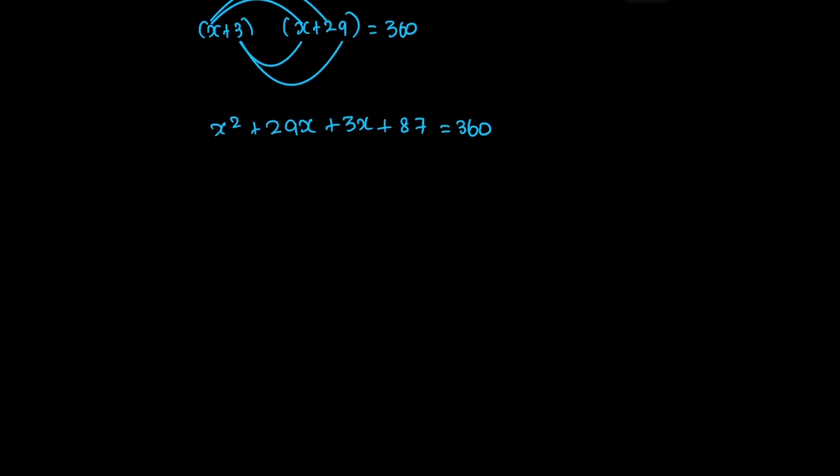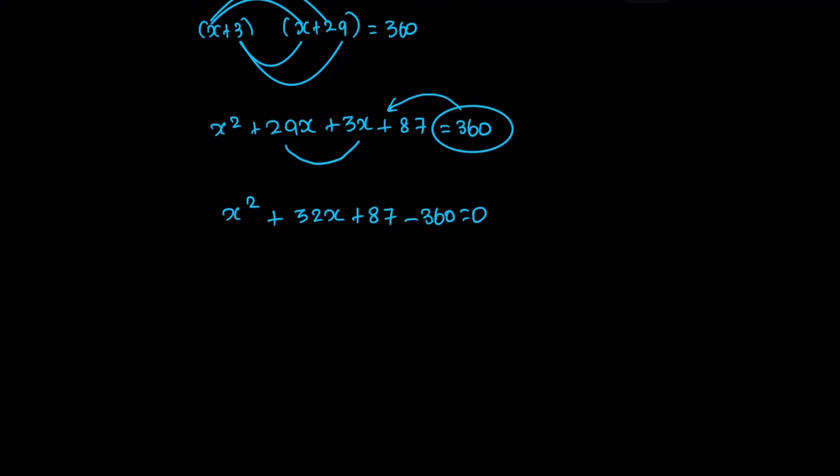Then moving to the left side, x square, then combine the like terms, plus 29 plus 3, that is equal to 32x plus 87. So then 360 is moving to the left, it will become minus 360. So now x square plus 32x, then positive 87, negative 360, so this is equal to minus 273.